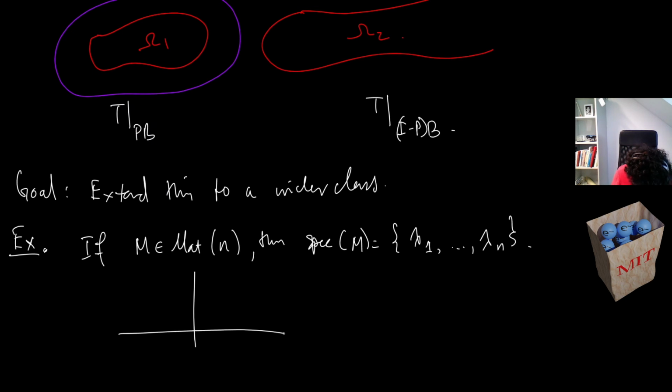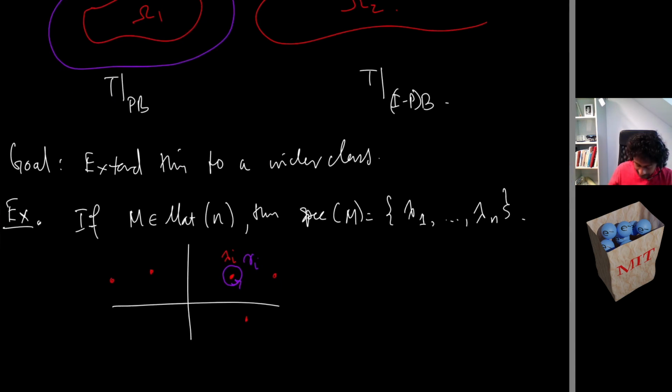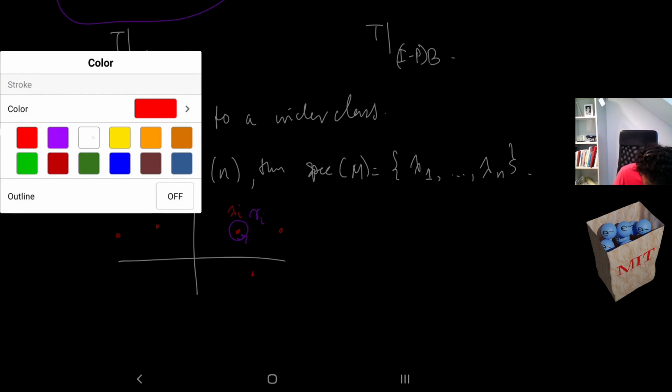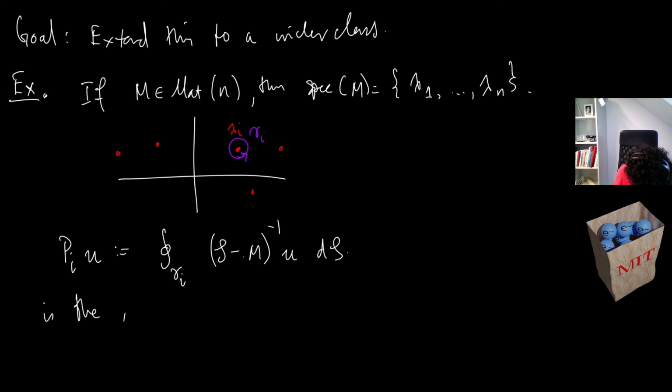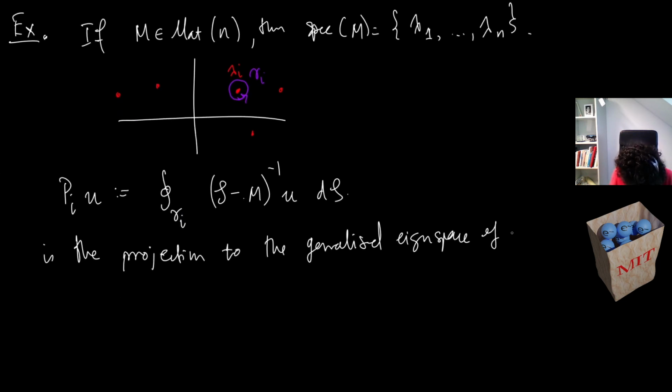So maybe these points are going to be, so we have some contour gamma i around lambda i, and the point is that pi of u, which I'm going to write as the integral over gamma i of (zeta minus M) inverse of u d zeta, is the projection to the generalized eigenspace of lambda i.